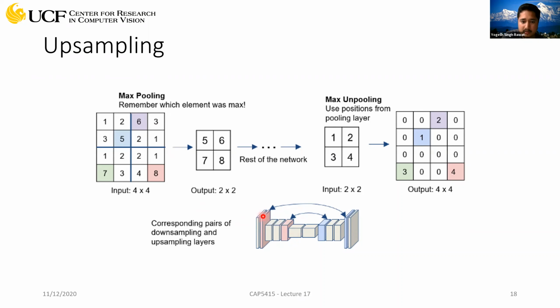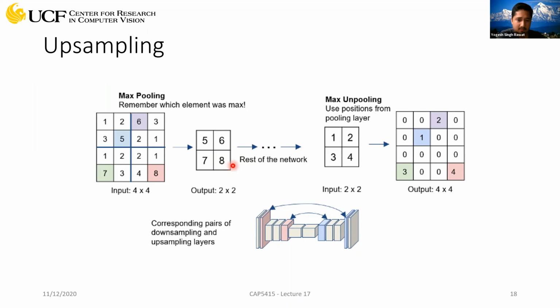in your encoder, there will be times when you have to perform max pooling. Okay, so when you perform max pooling, for example, in this particular case, your input is 4 cross 4, and you perform a max pooling by a factor of 2. So you take the maximum value, right? 5 over here, 6 over here, 7 over here, and 8 over here.